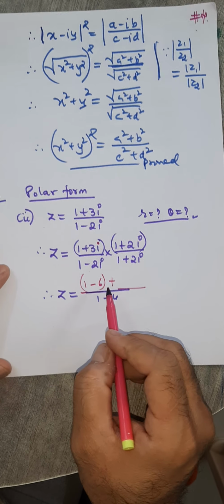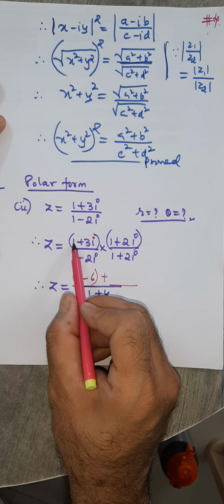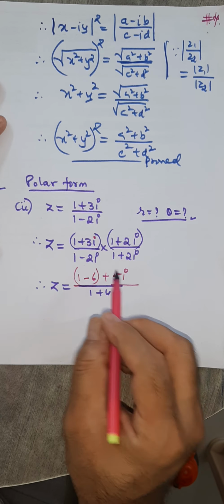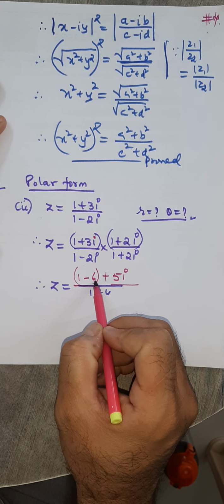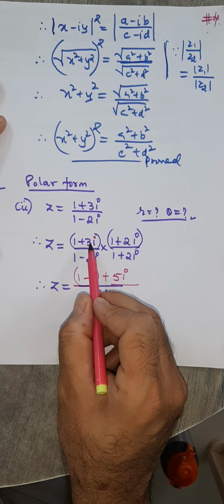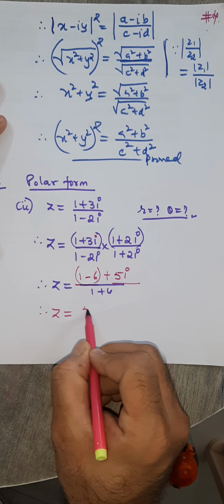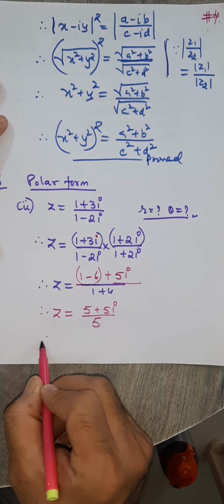Now the terms involving iota: this is 2 iota plus 3 iota, which is 5 iota here. 1 into 1, and this is 6 iota square, which is minus 6. And here 3 iota plus 2 iota, so 5 iota. So z equals, this is 5 plus 5 iota upon 5.